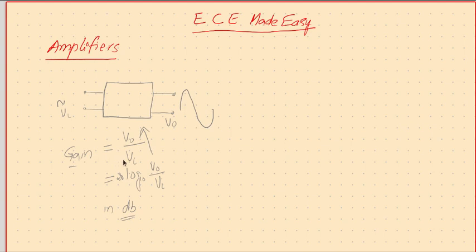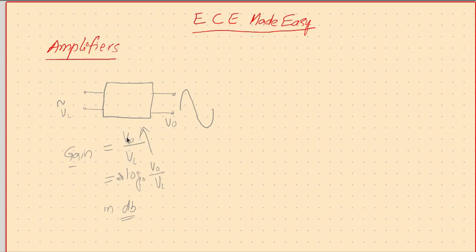So usually amplifier characteristics are represented in terms of its gain, maybe voltage gain, maybe current gain, and maybe power gain. In terms of voltage gain, it is VO by VI. If you are talking about current gain, this is IO by II. And if you are talking about power gain, then it is PO by PI.